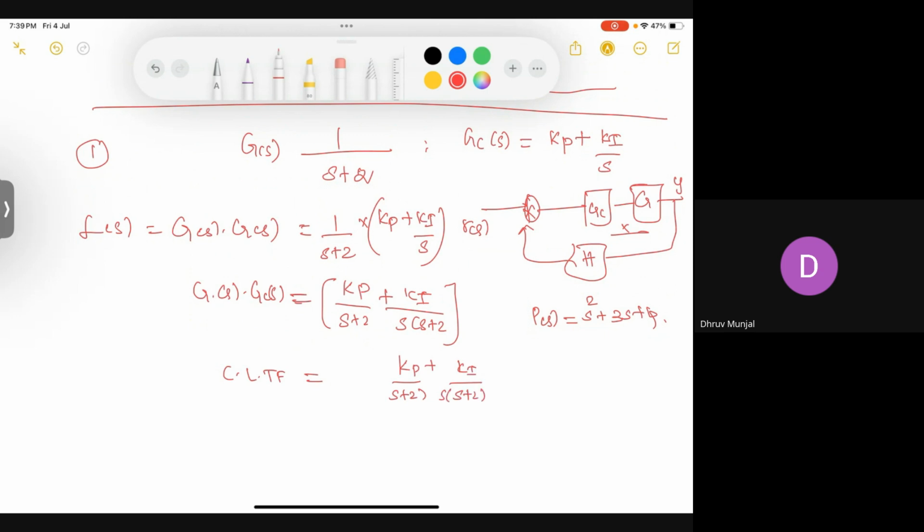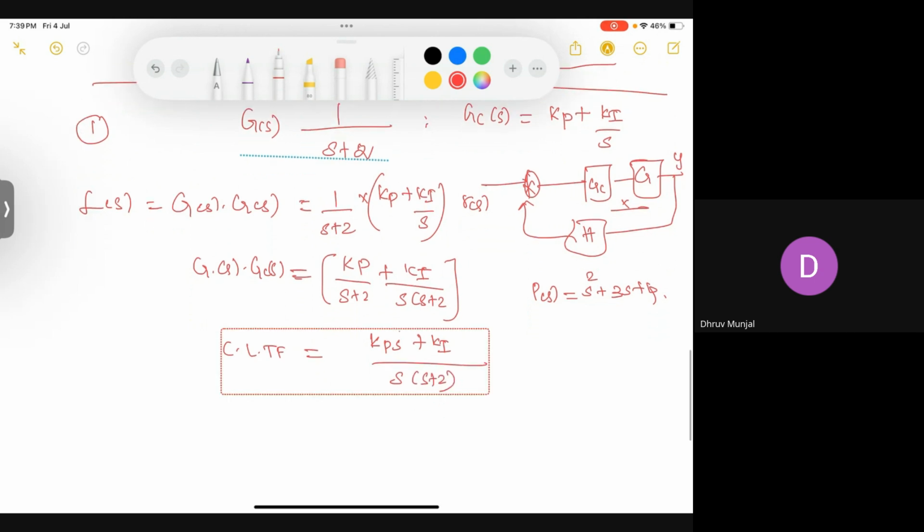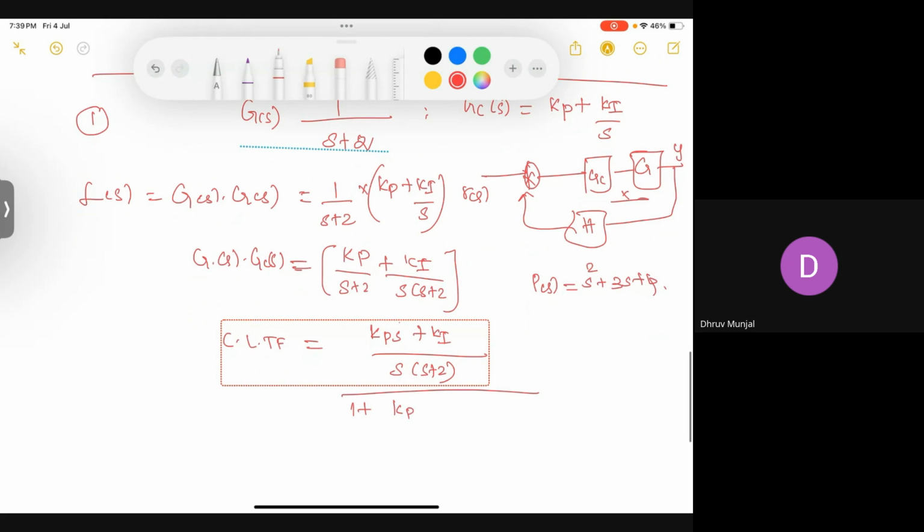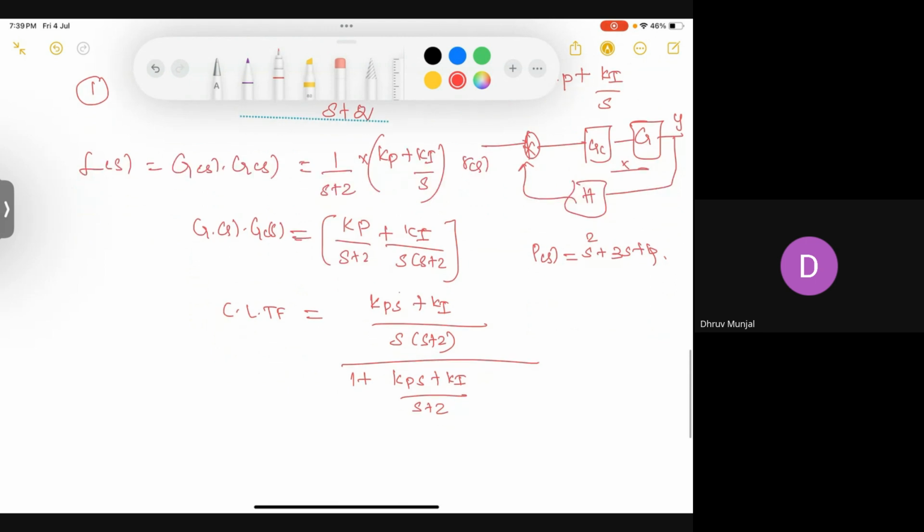Okay, I will simplify this and write. This will become Kps plus Ki, right? S into S plus 2. Am I right or did I make any mistake? Let me know. Divided by 1 plus Kps plus Ki by S into S plus 2.